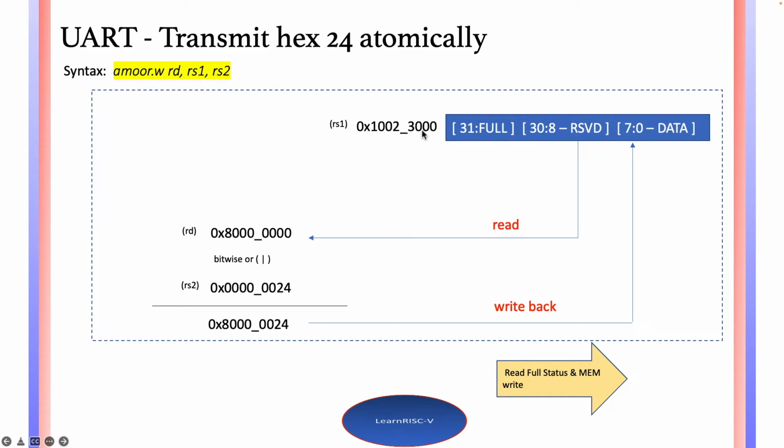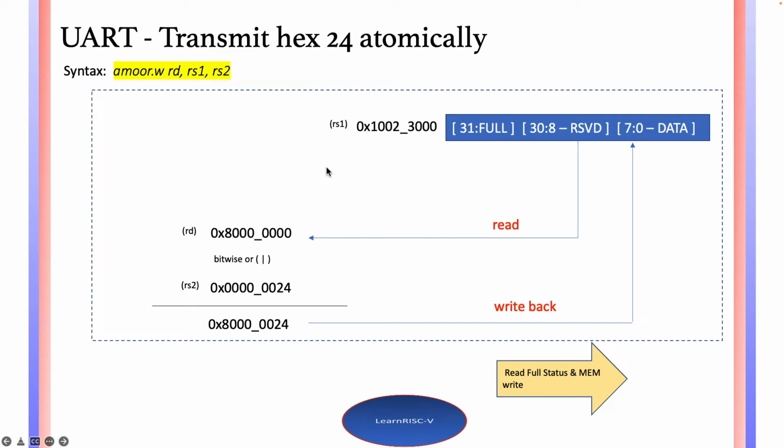Okay, so that's a lot of operations, but whatever happens in this dashed lines box, all of this happens atomically, like one atom. It's not broken down into multiple steps or anything.